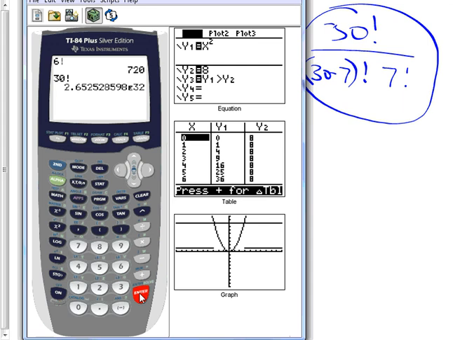Exactly. If you just put in 30 factorial like this, oh wait, you got to put parentheses around it. Parentheses 30 factorial.